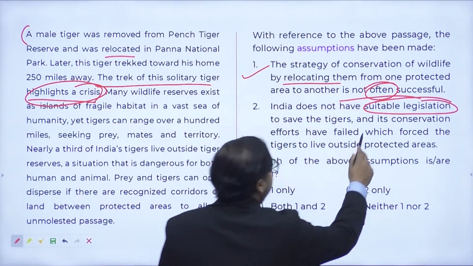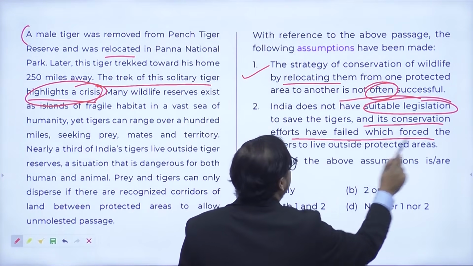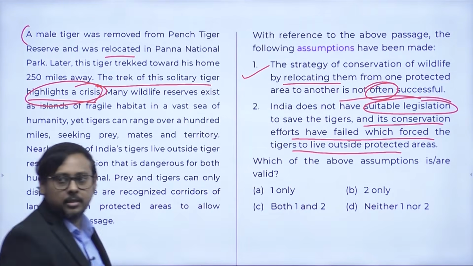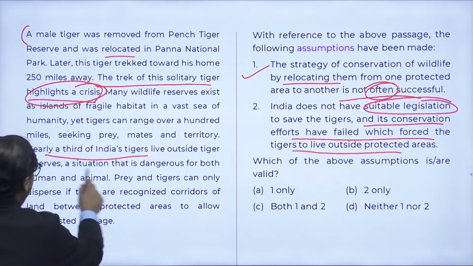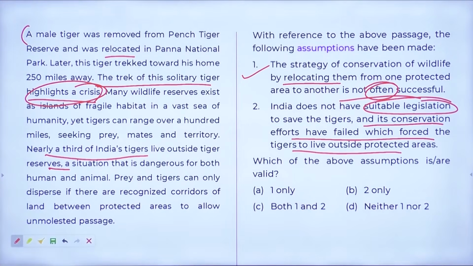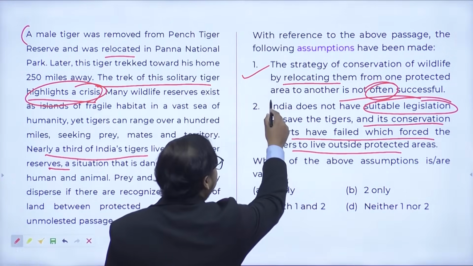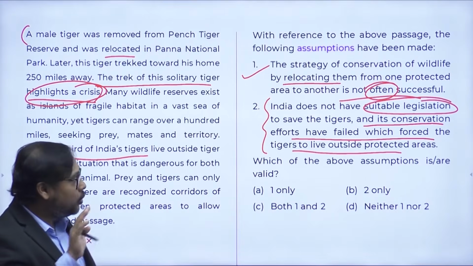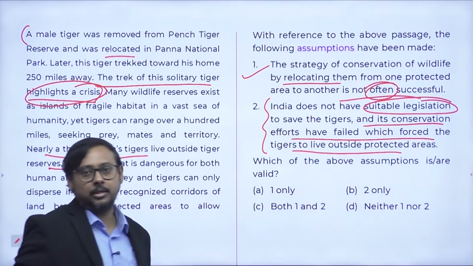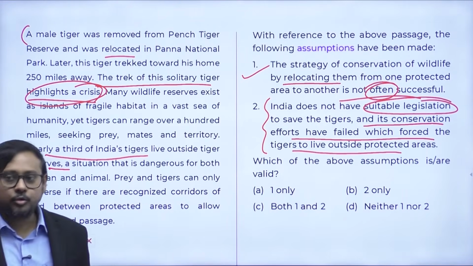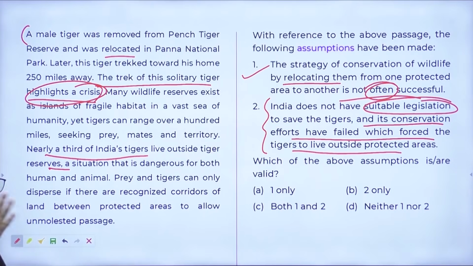You will fall into the trap of 'and its conservation efforts have failed, which forced the tigers to live outside protected areas', and you will find, okay, here it is written, nearly a third of tigers live outside reserves. But this is important: don't try to match the words. Try to understand the assumption. So now think, is the author thinking about suitable legislation, failure of suitable legislation? It's not thinking about that.